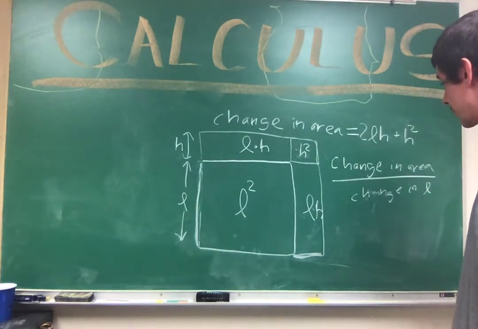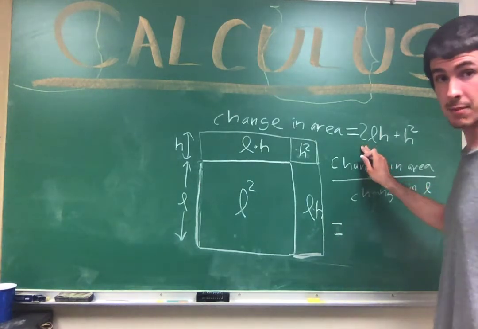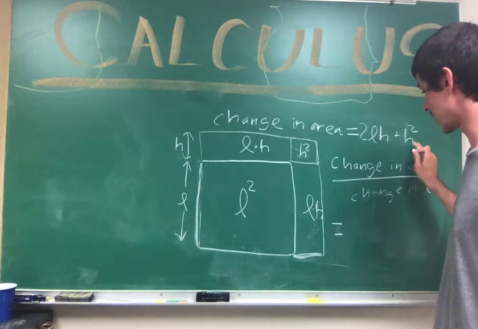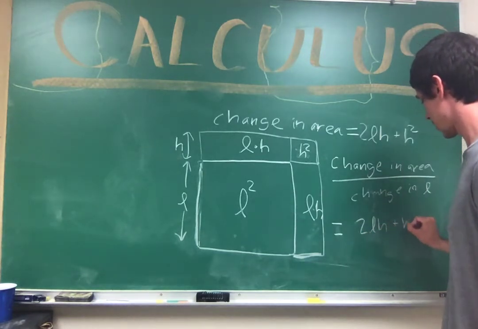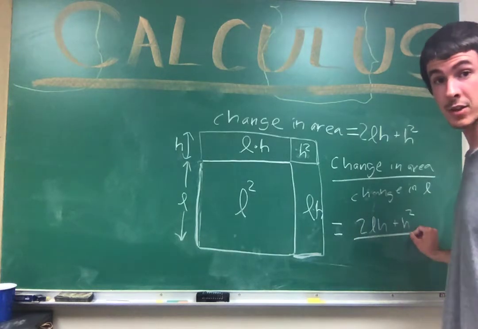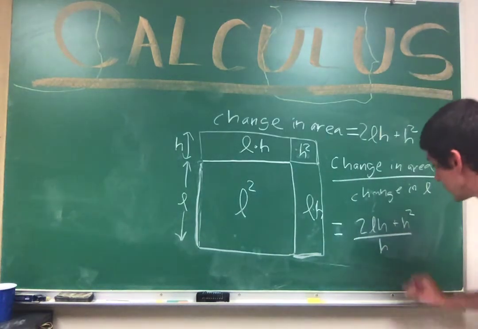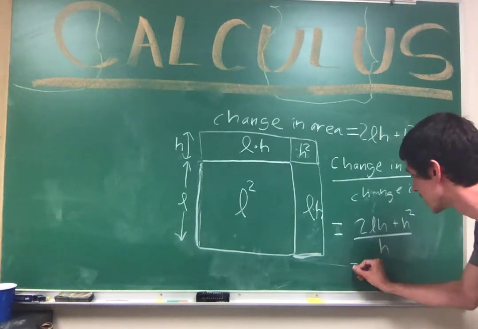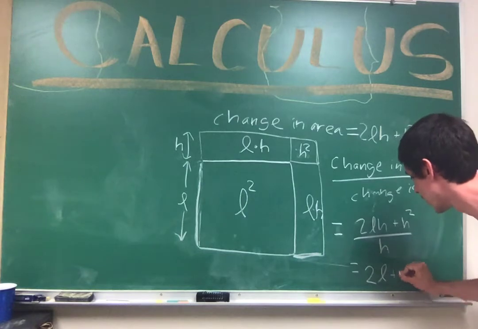Okay, so the change in area is 2Lh plus h squared, and the change in length is h. That's easy division to carry out. It's just going to be 2L plus h.